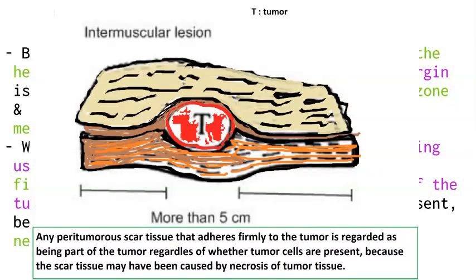This picture shows that any peritumoral scar tissue that adheres firmly to the tumor is regarded as being part of the tumor, regardless of whether tumor cells are present, because the scar tissue may have been caused by necrosis of tumor tissue.